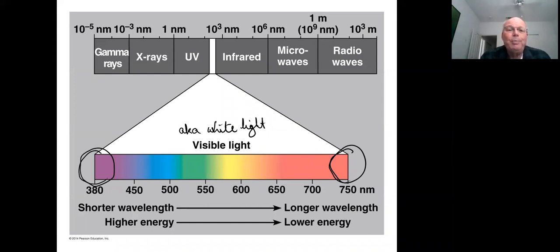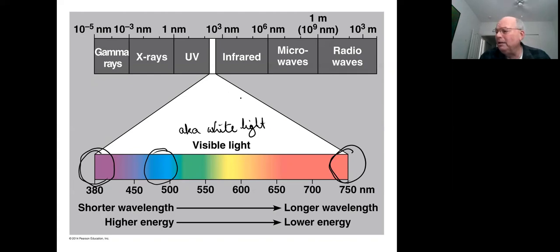And it's that combination of red, green, and blue, and the combinations of those, that allow us to see the different combinations of colors that we can see. So why do we see something as blue? Because blue light is being reflected, or being generated in the case of the computer screen, and it's only blue light that's reaching our eyes.